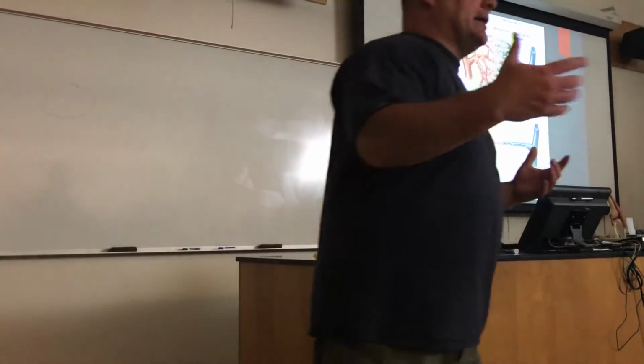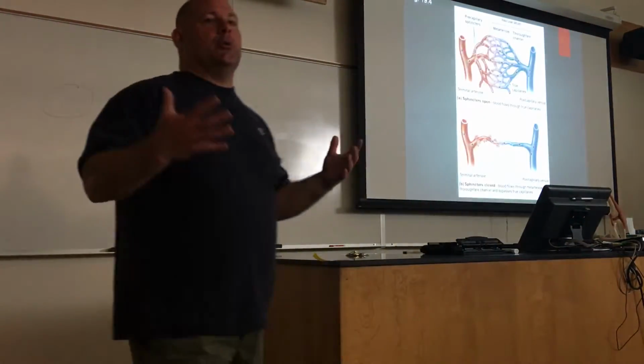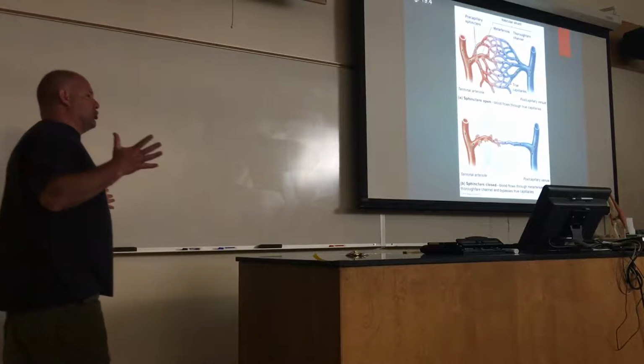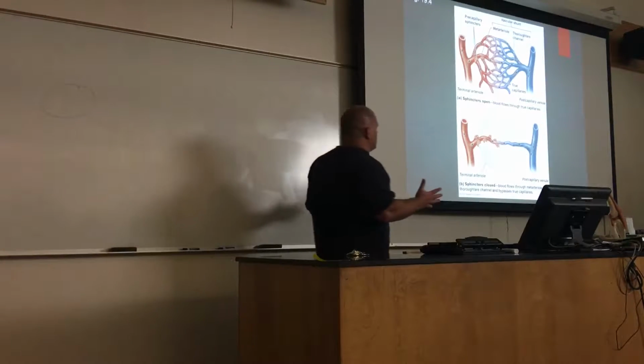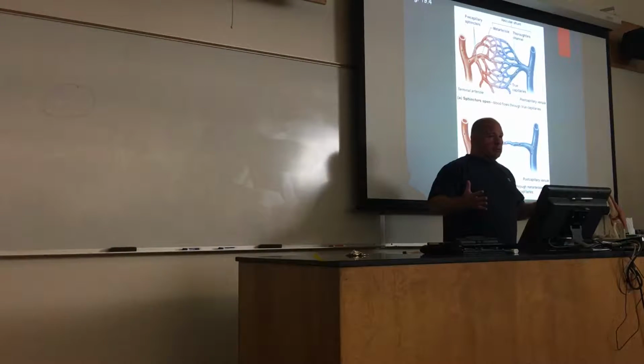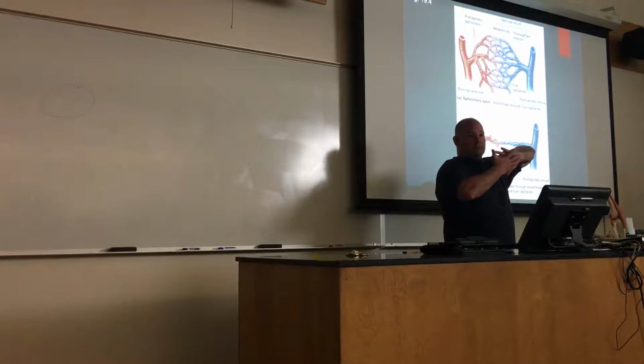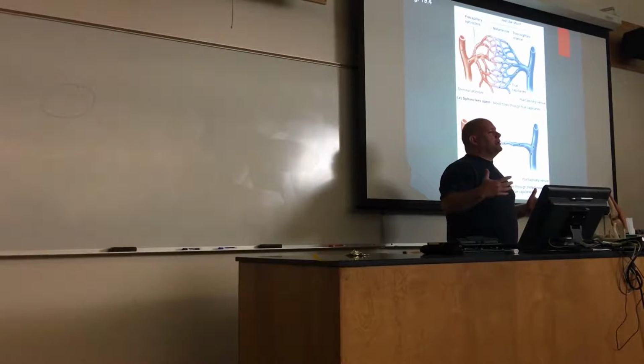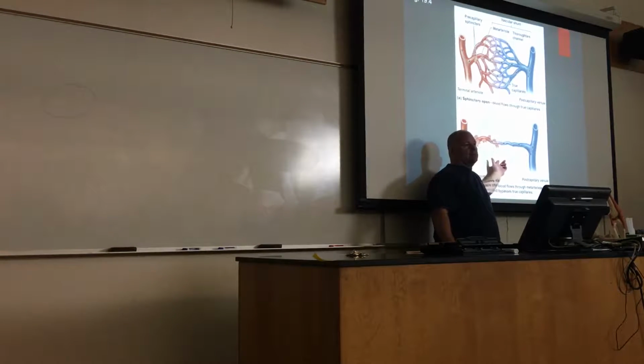So when you go to a Duck game on a cold Saturday morning and you happen to look down at your hands because it's 32 degrees outside and you didn't bring your little mittens, they're going to be white, possibly even blue. It's not because you don't have enough oxygen, it's because we're shunting the blood. They've closed these things down. I don't need to send blood there because I'm going to lose heat.